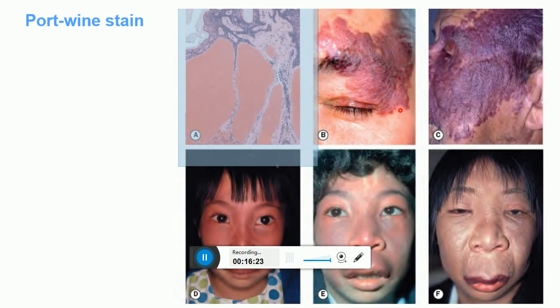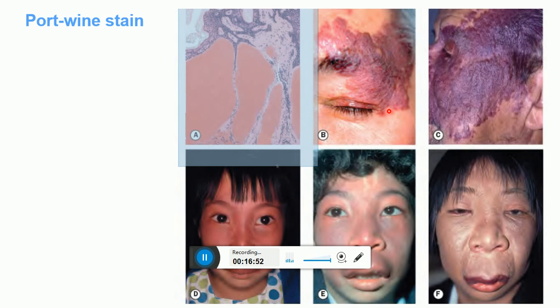Treatment is with pulsed dye laser. It effectively decreases skin discoloration, particularly if undertaken early. Topical preparations are imiquimod and rapamycin, alone or with adjuvant laser, and they show promise.